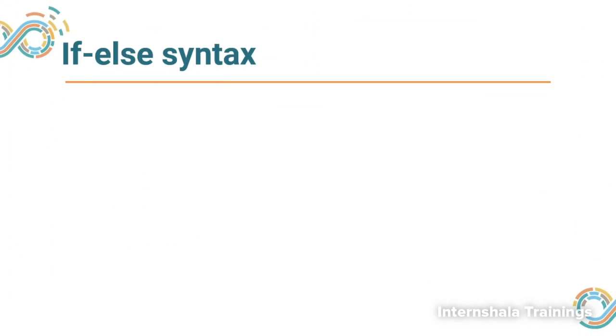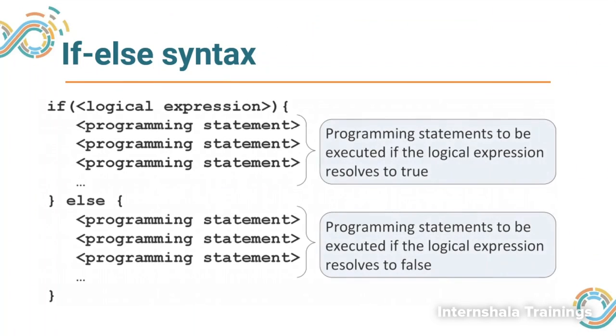Now in most of the practical cases, only if may not be sufficient, then we have to use if with else also. So if my condition is true, do the first set of statements, else go to the second set of statements. So this is a more practical way.